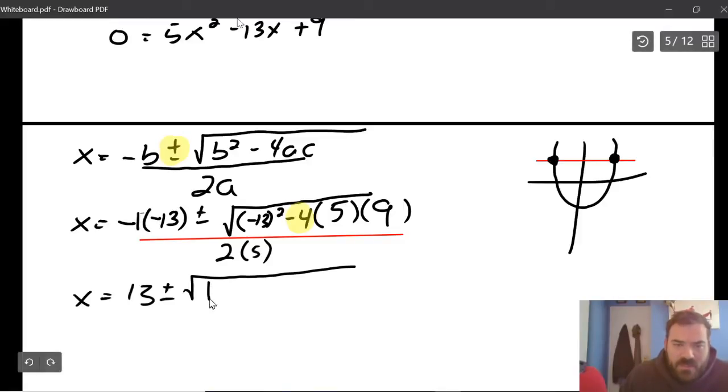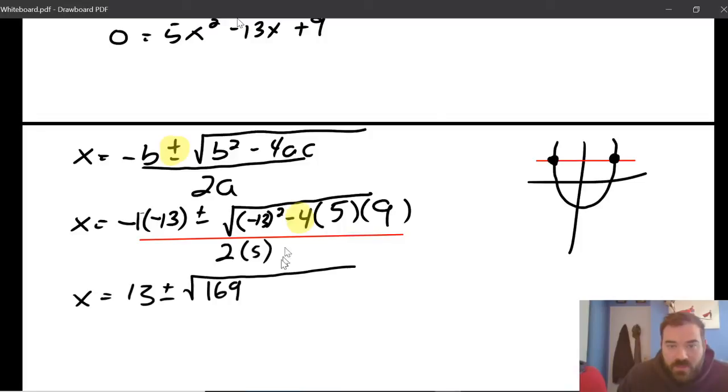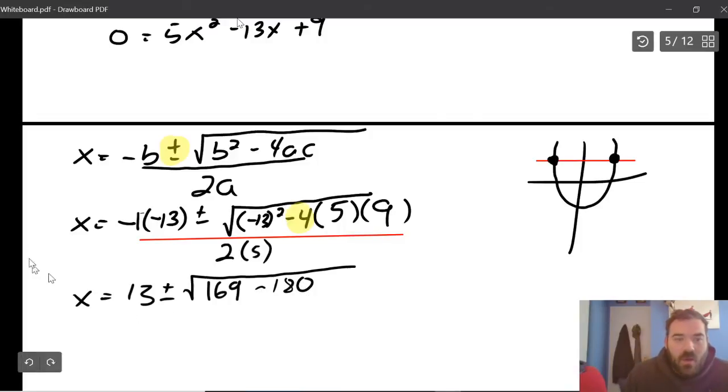Negative times a negative is a positive, so 169. And then negative 4 times 5 times 9, so 20 times 9. This is negative times a positive, so the resulting operator is going to be a negative. So I got negative 180 all over 2 times 5, which is 10.